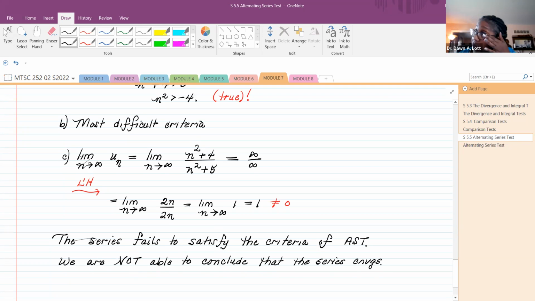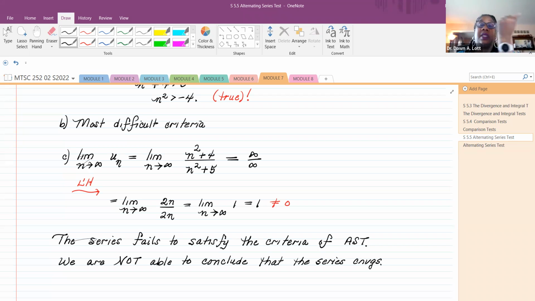Okay, so notice I didn't say the series diverges. I just know from this test, I can't conclude that it does converge. The alternating series test says if all 3 are completed and satisfied, then the series converges. It does not say if one doesn't work, the series diverges. Doesn't say that. Okay, it's a one-way test.